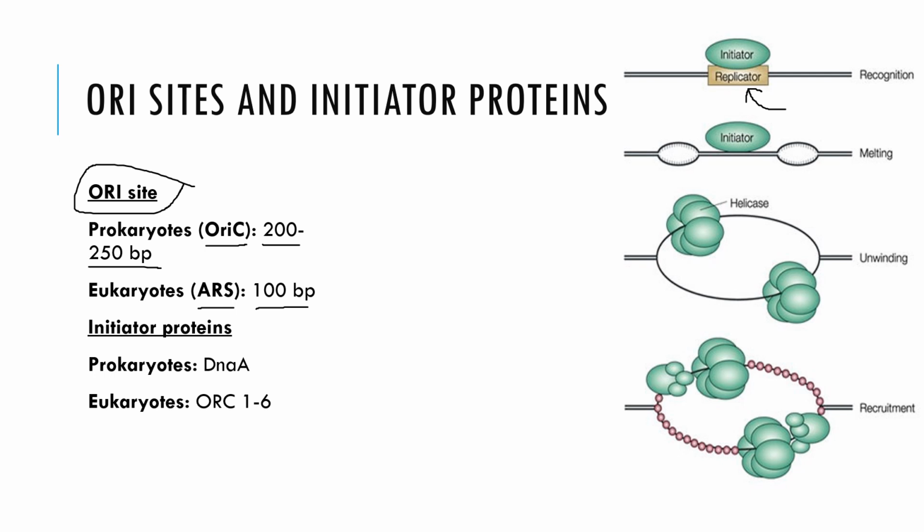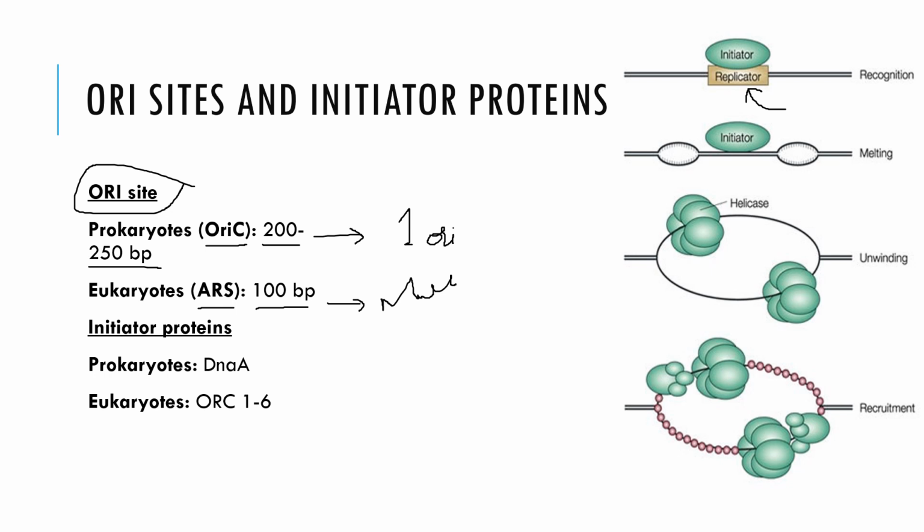The answer is that it depends on the nature and size of the DNA. In prokaryotes the size of DNA is smaller, that's why there is only one origin of replication, one ORI, whereas in eukaryotes there are multiple ORI sites.